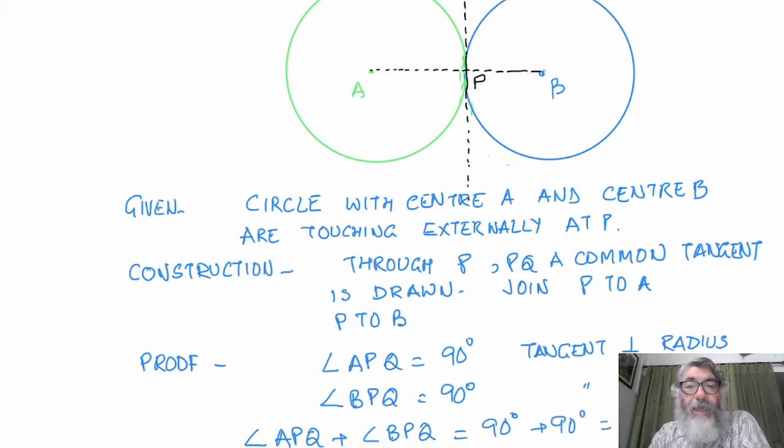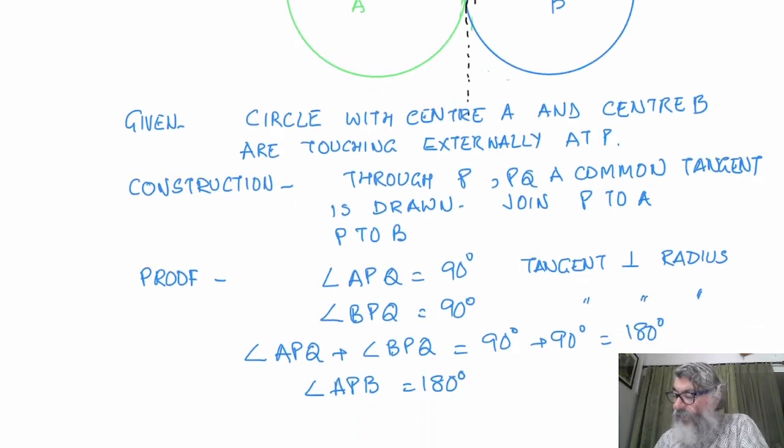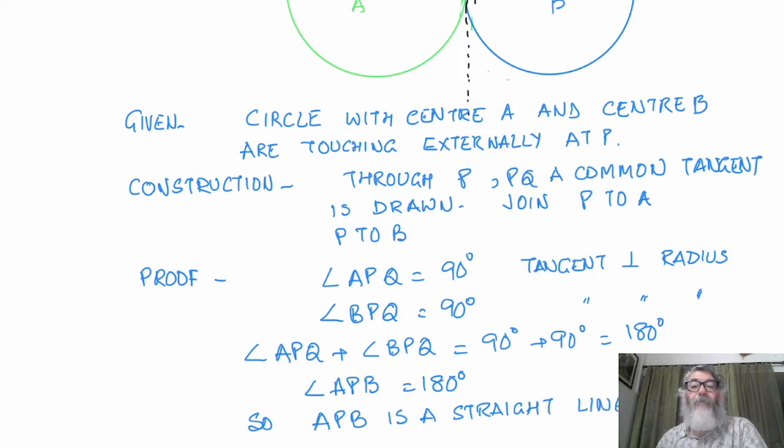And when this angle APB is 180, what does it mean? It means APB is a straight line, because a straight line is always of 180 degrees.